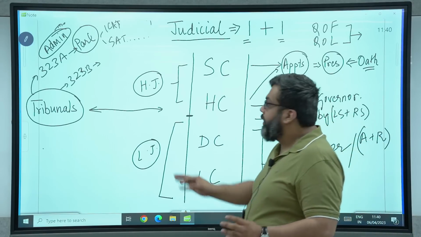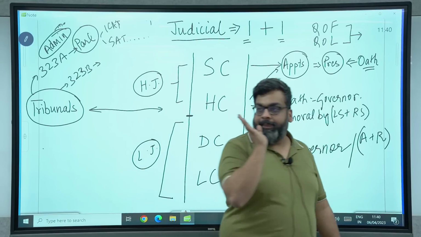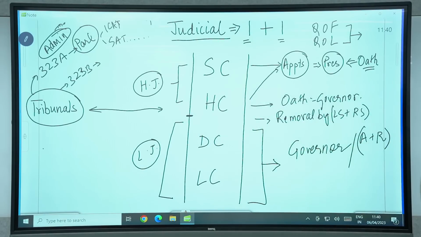Everything else is 323B. You can make as many tribunals, abolish as many tribunals as you may deem fit. It can be made by a law by the parliament. It can be made by a law by the state legislatures. No problem at all. Clear?